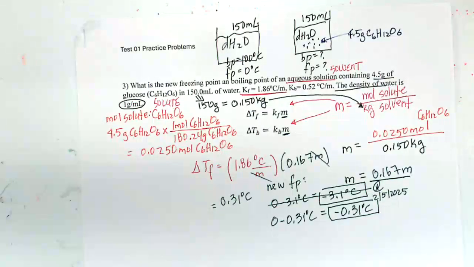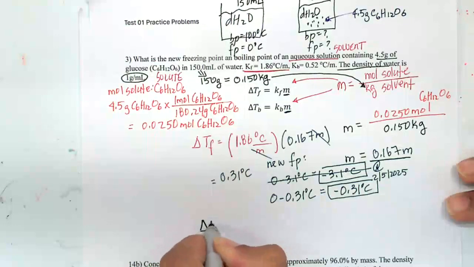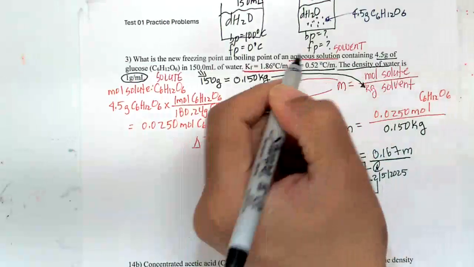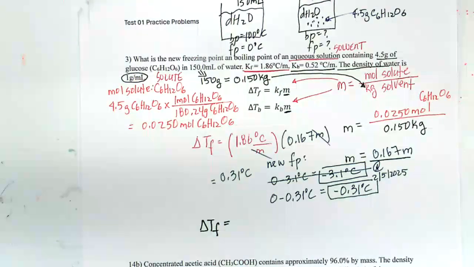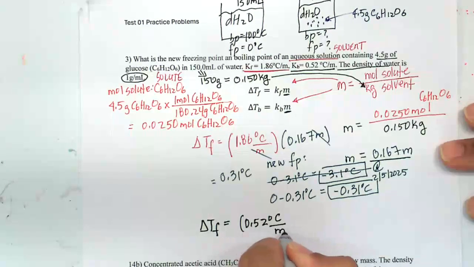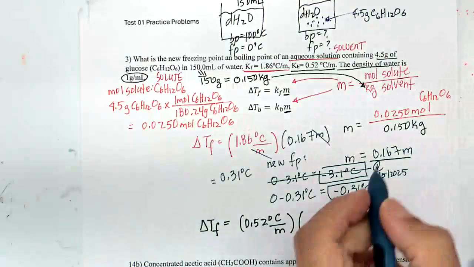Thank you, Grace. All right, let's quickly calculate our boiling point. Okay, everyone see this? Our boiling point change, delta T, for this one is going to be 0.52 degrees C over m. And it's the same 0.167, our molal concentration, molality.